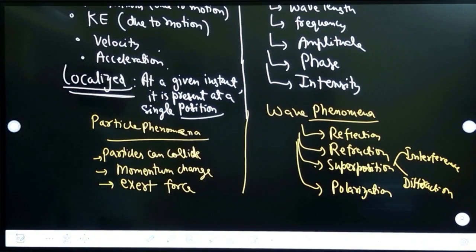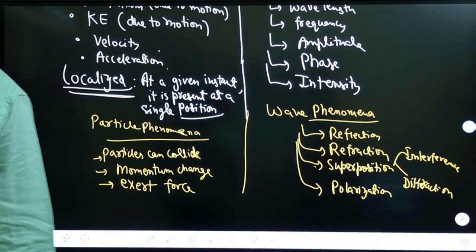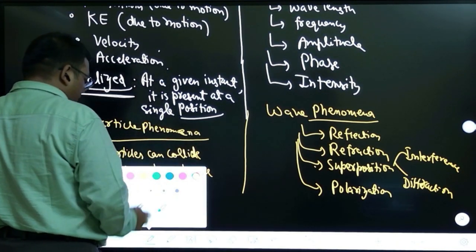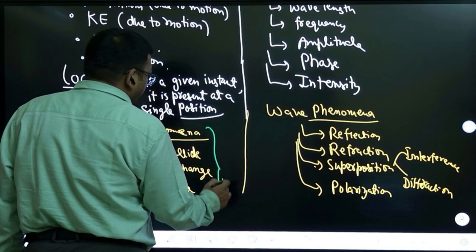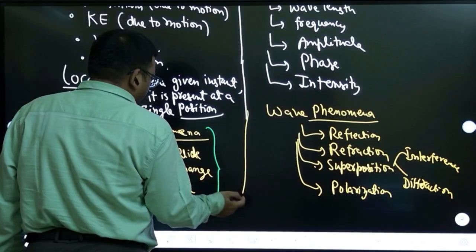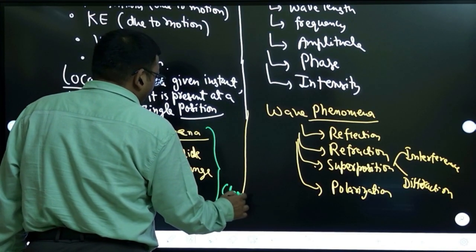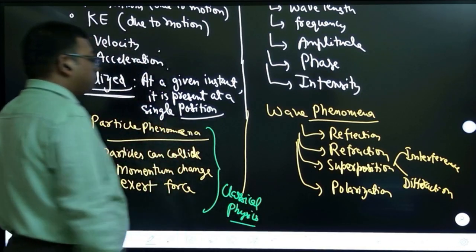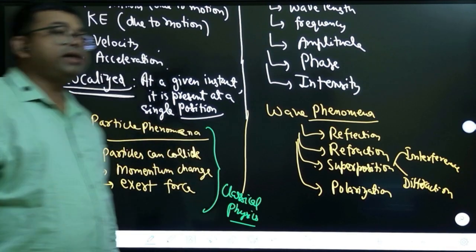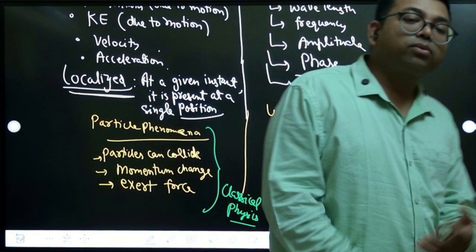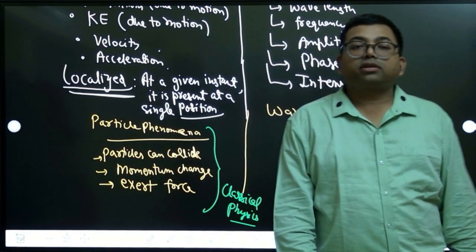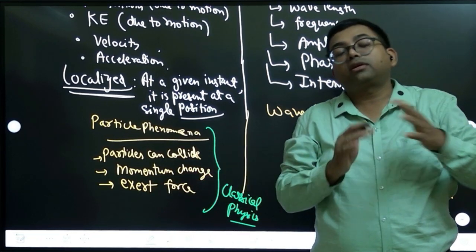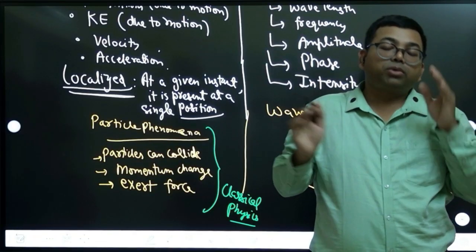These things we know about particles. Basically, you can apply Newton's classical physics here. Any idea behind particle means they will follow Newton's laws of mechanics, starting from the first law, second law, third law, the collision laws, and so many things.